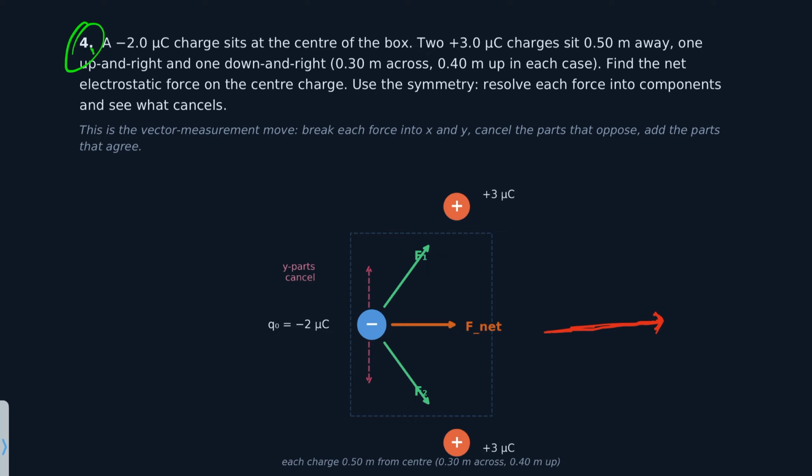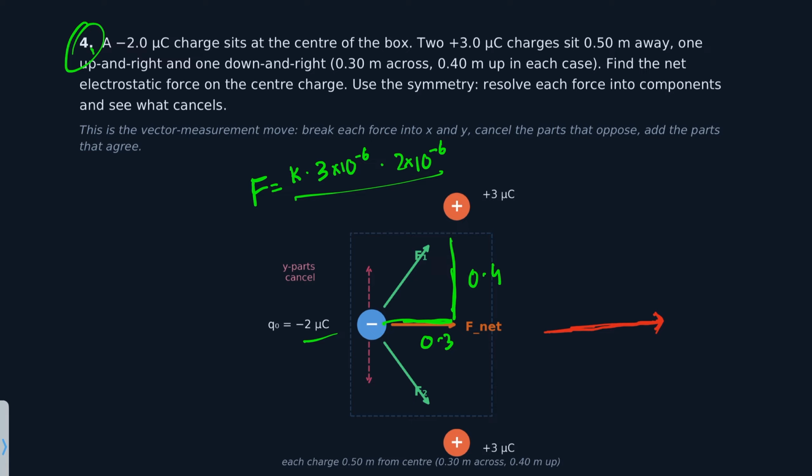Actually, let me move back to green here. So the Coulomb's law we used, force is equal to K times Q1, in this case 3 times 10 to the negative 6 coulombs, times Q2, 2 times 10 to the negative 6 coulombs, over R squared. What's your R? So here it's 0.3 across and 0.4 upward.